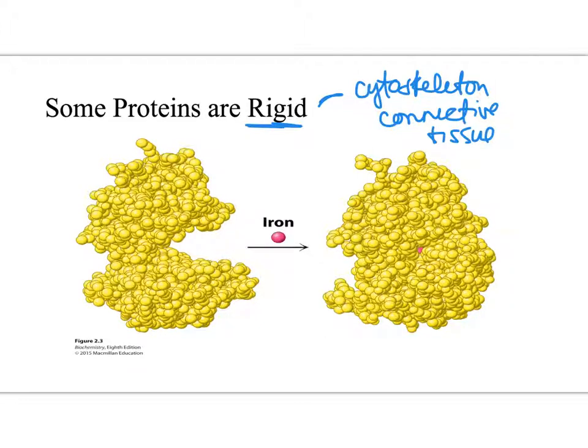So here, what we're looking at is a substance where the unbound state has one conformation, and the bound state has a different conformation. And so we're able to differentiate between the unbound and the bound state. And in this case, this is the protein lactoferrin, and it shows how the binding of just a little iron within this pocket is going to significantly change the structure of the protein.